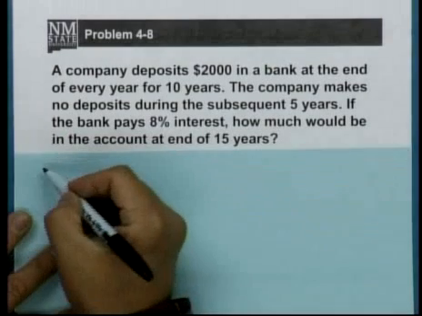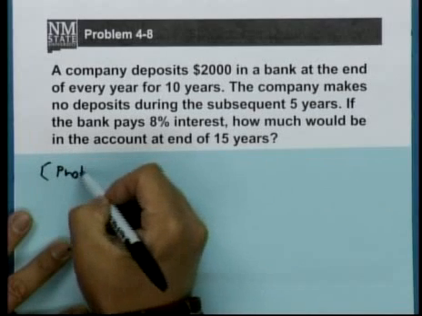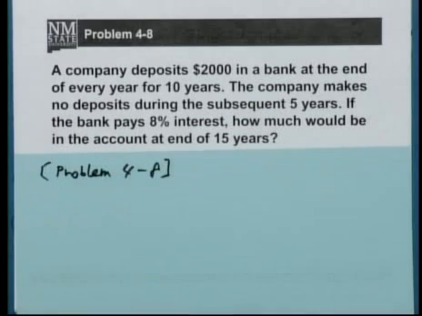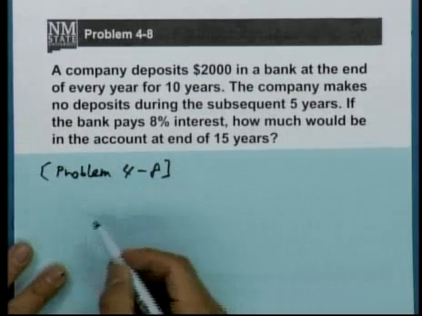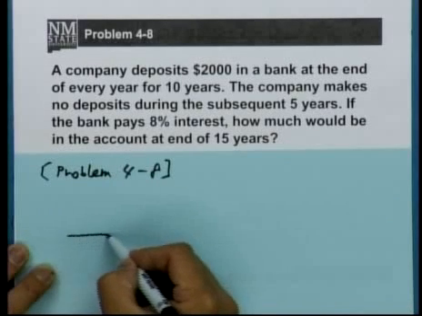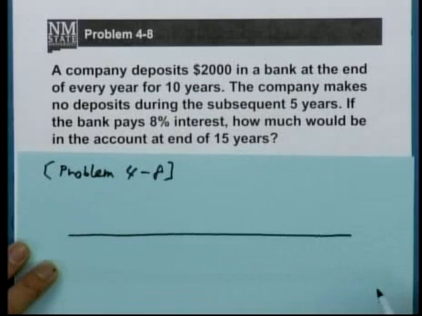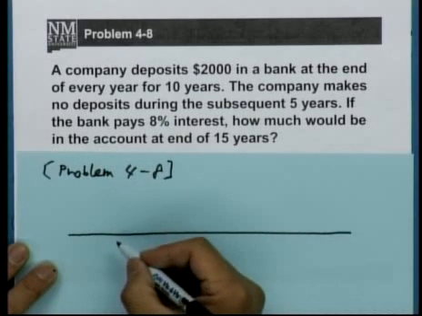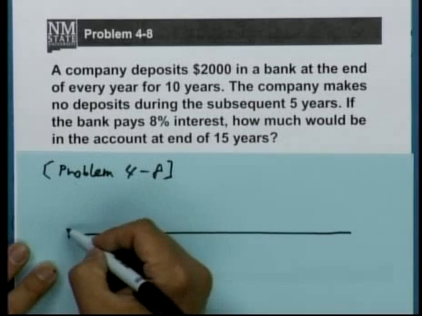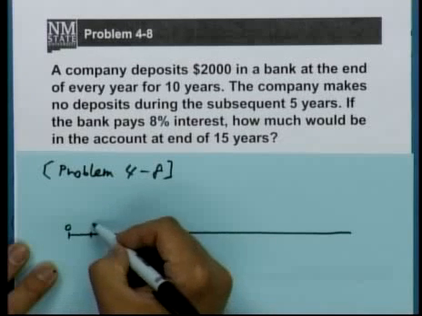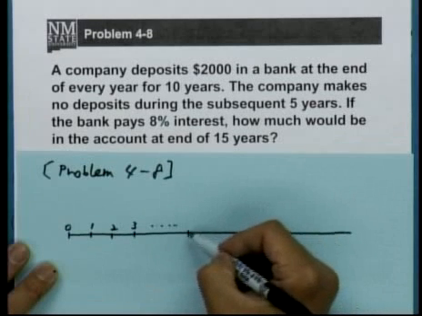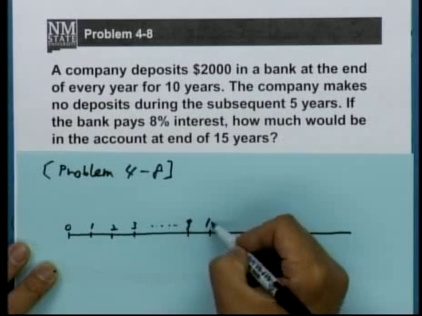So if we draw the cash flow diagram first, it's going to be like this. So starting from 0, 1, 2, 3, up to, let's say, 9 and 10.